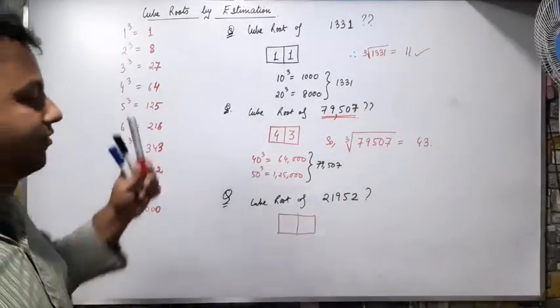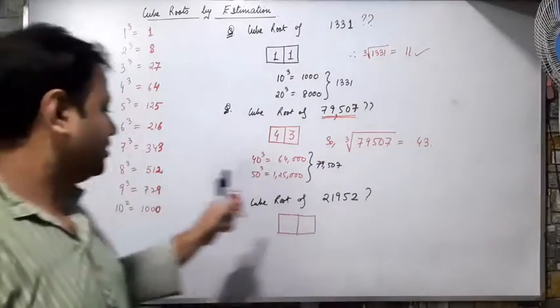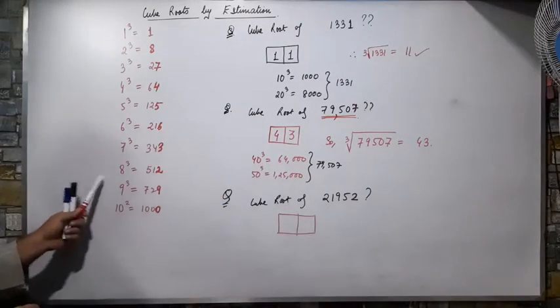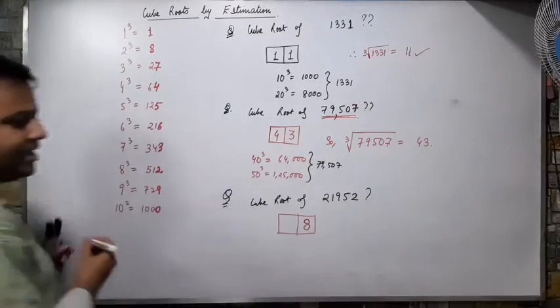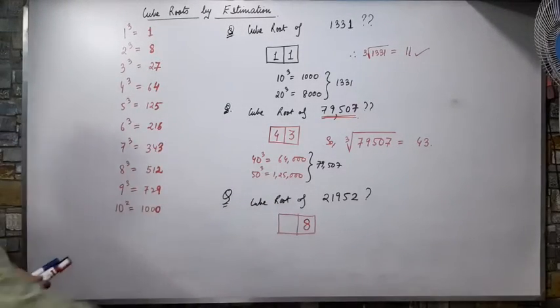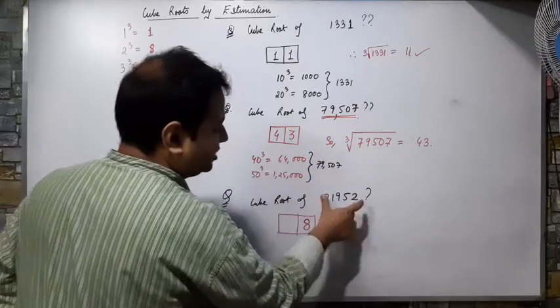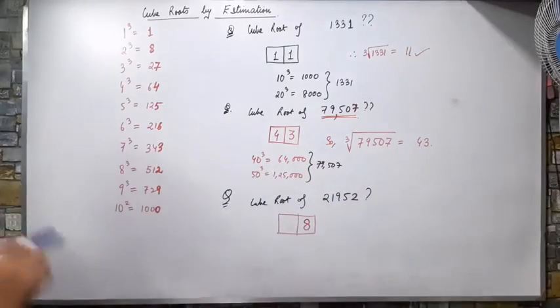So I know when the unit digit of the cube is 2, the unit digit of the actual number will be 8। So I will write the unit digit as 8। Now I have to see which is the range in which this is falling.